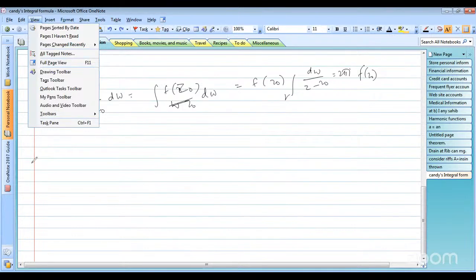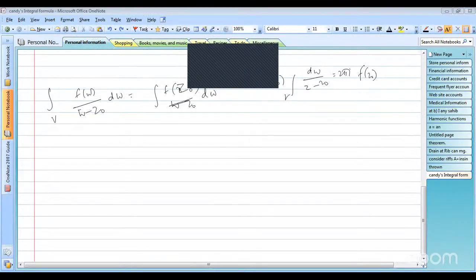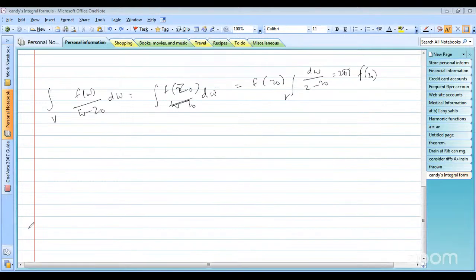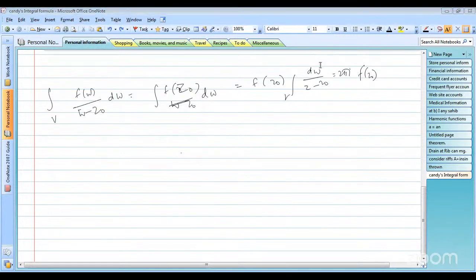This is not showing here. I will draw the diagram here.